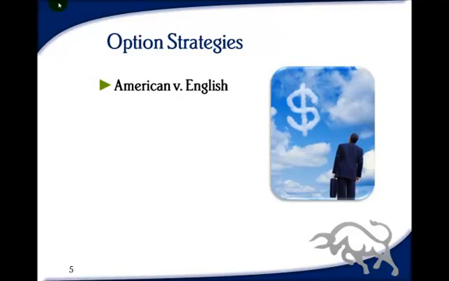But unless you're going to get the dividend and the dividend is worth more than the interest you're going to get, don't bother exercising the American early, but do look at how they're performing and take appropriate actions. That's not really a strategy, more a thing you must do.